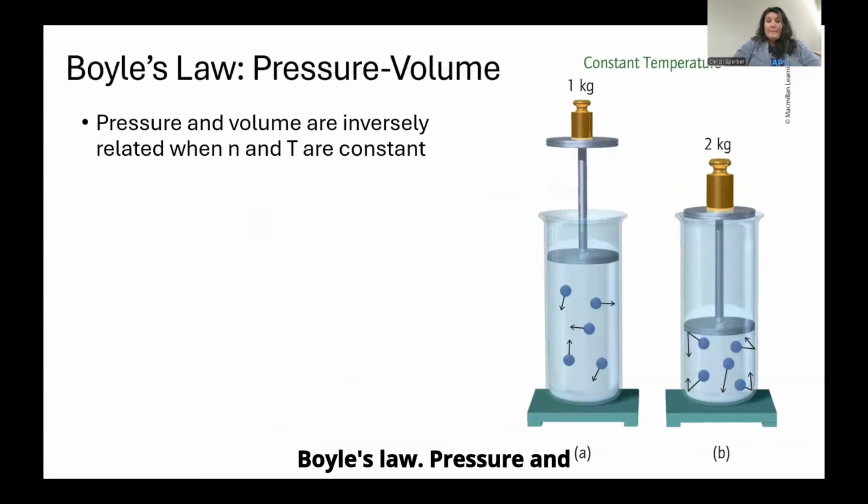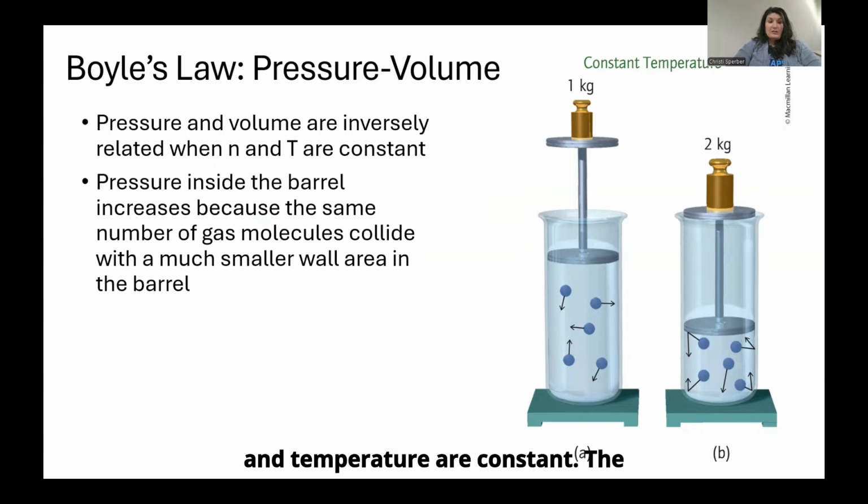So Boyle's law, pressure and volume are inversely related when moles and temperature are constant. The pressure inside the barrel, when you decrease volume, increases because the same number of gas molecules are present and they collide with a much smaller wall area in the barrel.